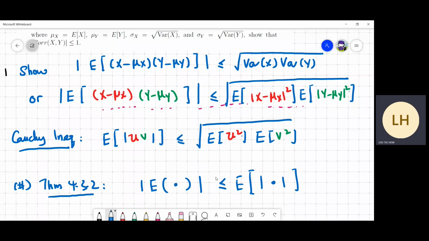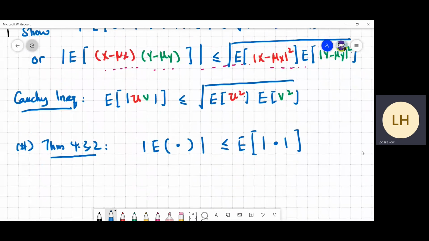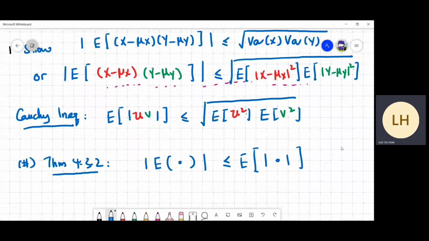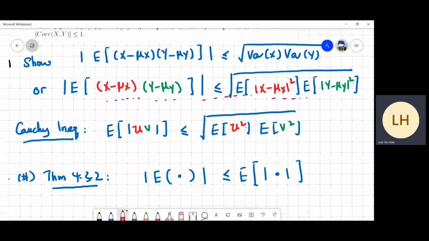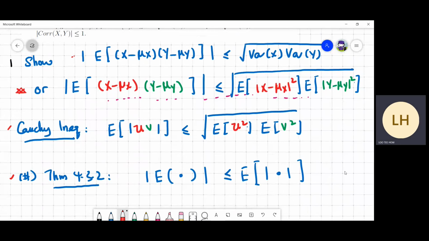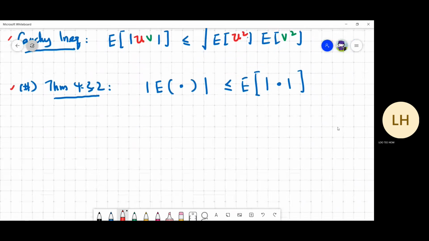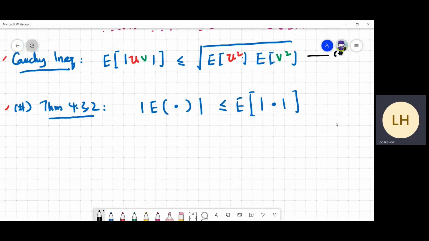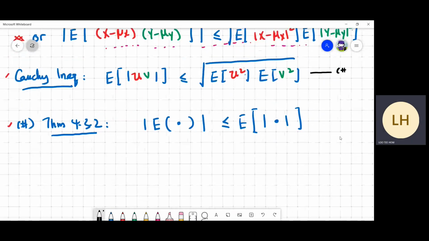This is theorem 4.3.2. By applying this theorem and the Cauchy-Schwarz inequality, we should be able to get this expression. Once we get this expression, you can easily get back to this result. To make it easy, let's say this is our Cauchy-Schwarz inequality, equation 1 here.